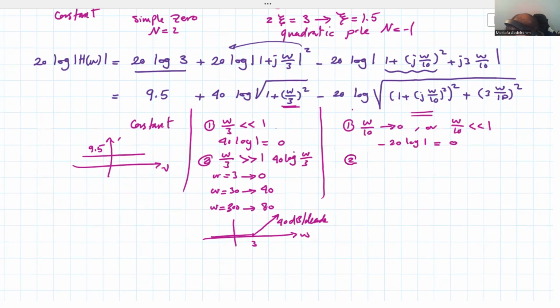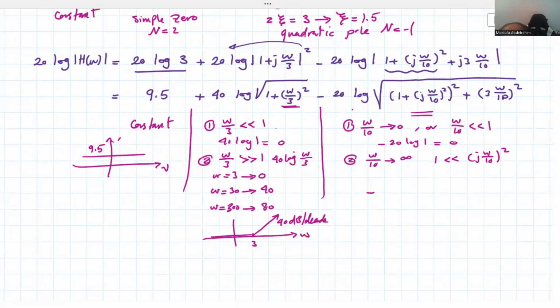Number two, when omega over 10 tends to be infinity, or very high. When omega increases much more than 10, in that case, we're going to have two approximations. Number one, we're going to neglect the 1 relative to the omega terms, to any term that has omega. So 1 will be much less than omega over 10.